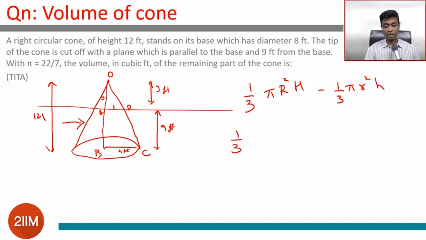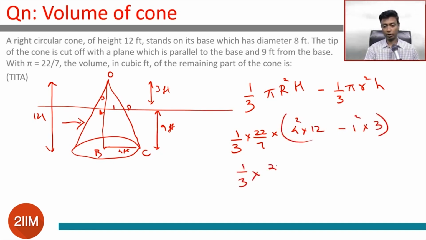So 1/3 into 22/7 into 4 square into 12 minus 1 square into 3. 1/3 into 22/7 into 3 into 64, I'm taking out a 3 minus 1, or this is 1/3 into 22/7 into 3 into 63.